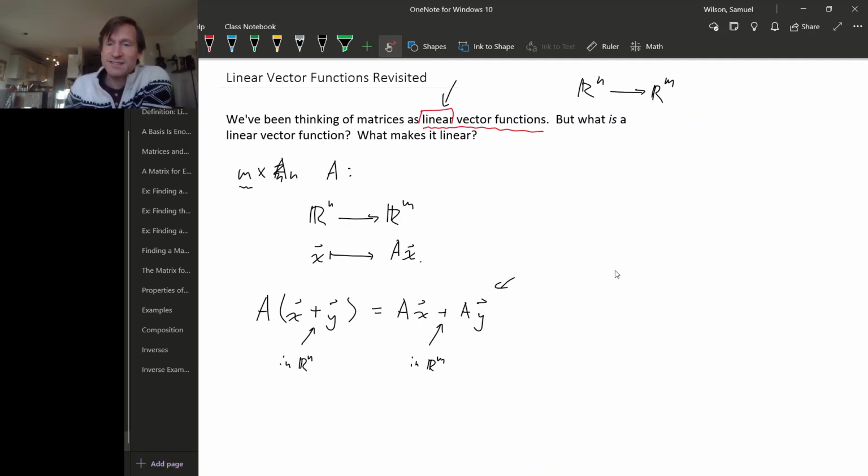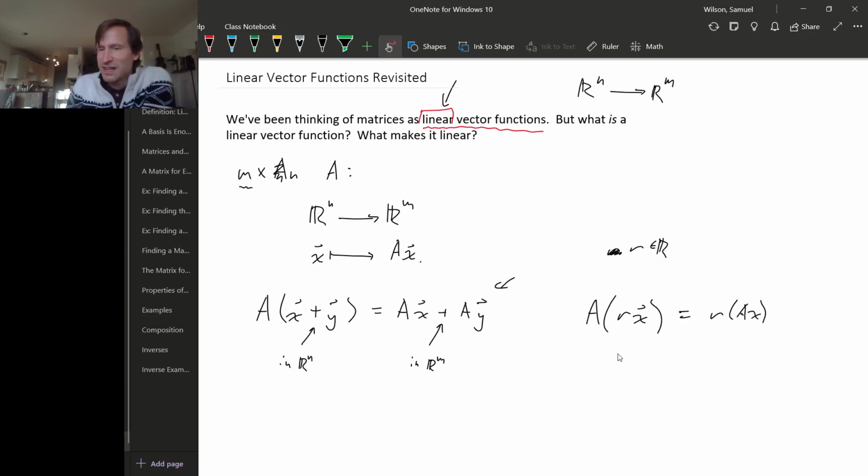Additionally, if we take a scalar, say r, in the real numbers, and we took the vector r times x and multiplied that on the left by A, well, matrix multiplication and scalar multiplication associate and commute, so we could actually shuffle that scalar out in front like this.